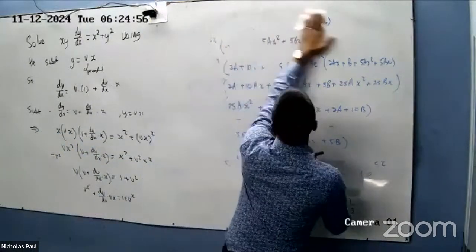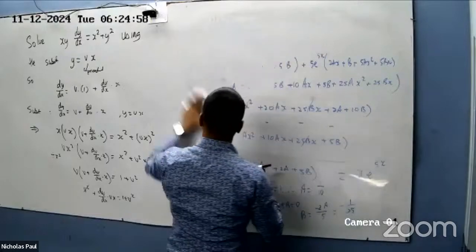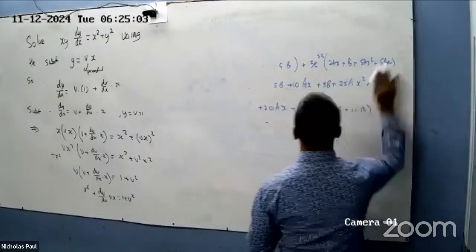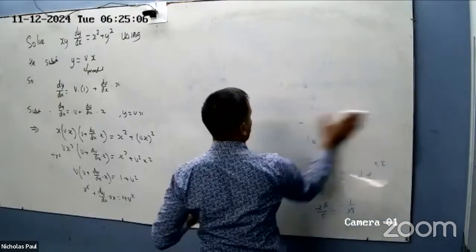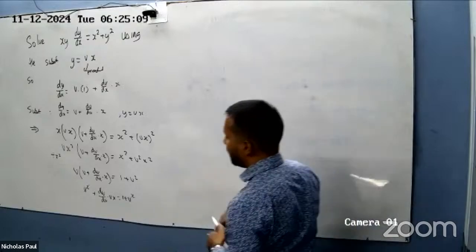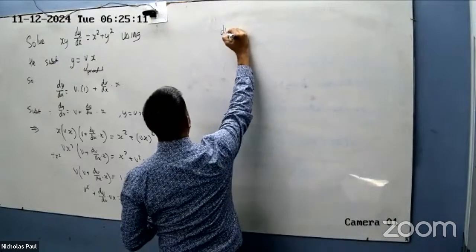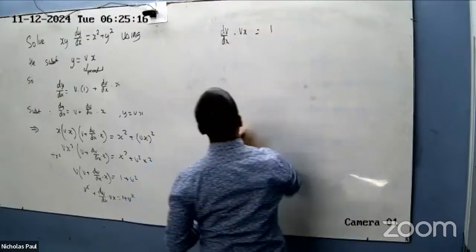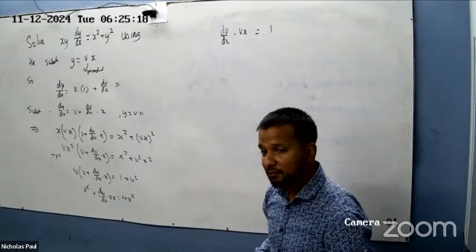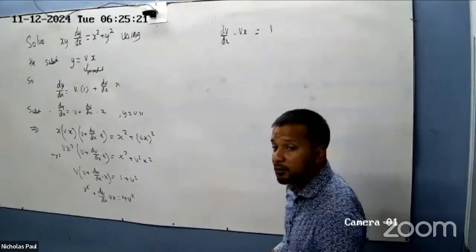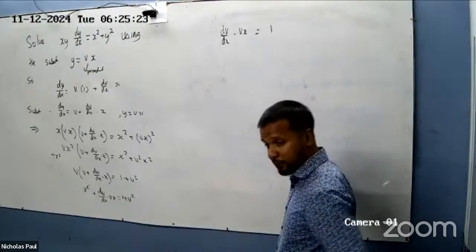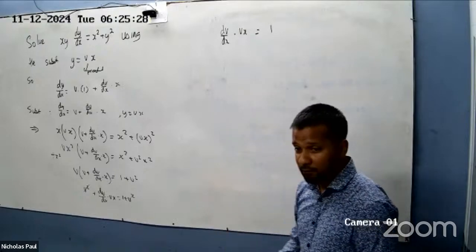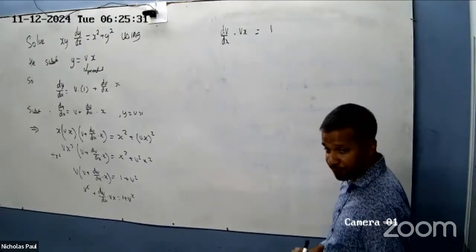So tell me here, Ariane, how are we going to solve this? The v squared cancels out and we get dv dx multiplied by vx is 1. What am I going to do here, Ariane? Can we do anything?